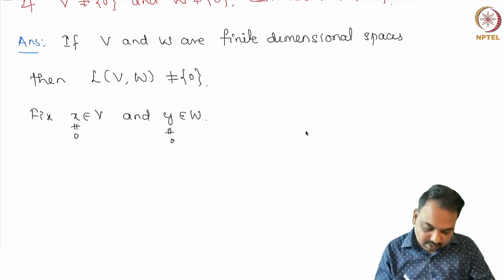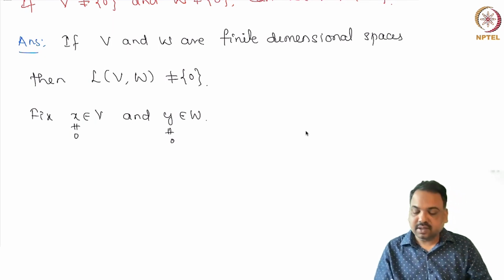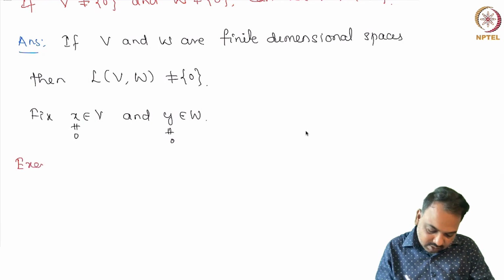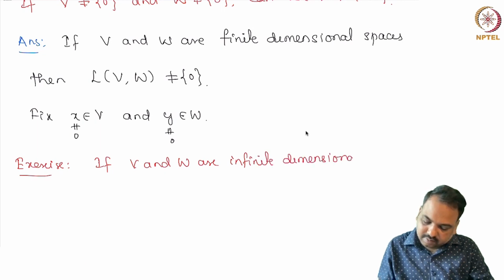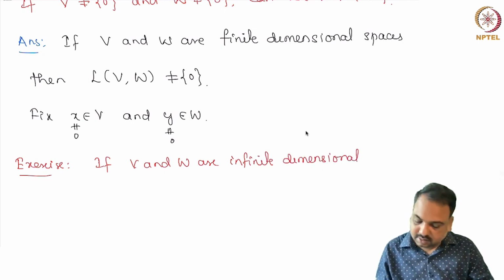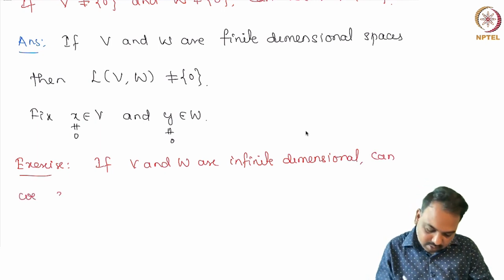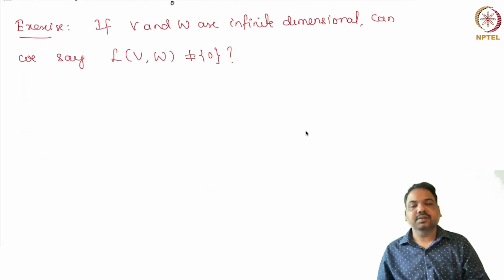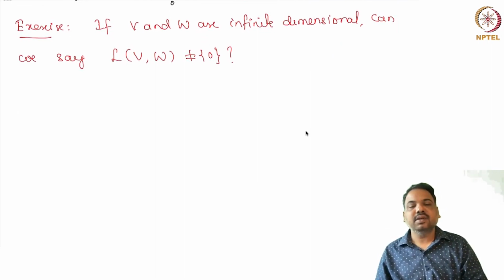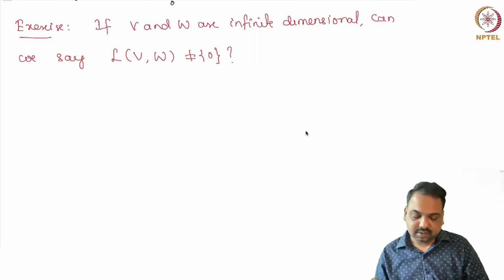Now the question is: what will happen if V and W are infinite dimensional? You can try this one. If V and W are infinite dimensional, can we say that L(V,W) is non-zero? That means you fix a non-zero vector x in V and a non-zero vector y in W. Can we find a linear map which sends x into y?